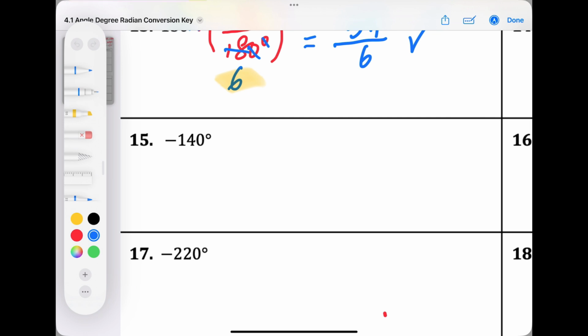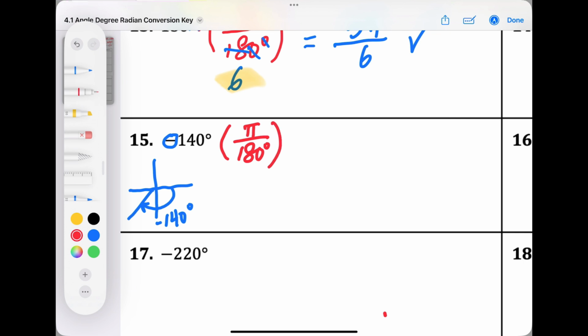Negative just tells us my angle is going to the opposite direction. So negative 140 degree going to the clockwise. So this will be negative 140 degree, okay? So leave my negative symbol alone. But we do know that I don't want to see the degree, so I'm going to times pi over 180 degree.